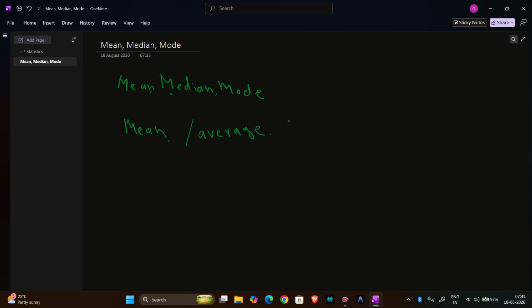But before we calculate it, there is an important distinction between population and sample. For a population, we care about every single data point, and its size is denoted by capital N. The population mean is written as mu equals the summation from i equals 1 to N of xi, divided by N.